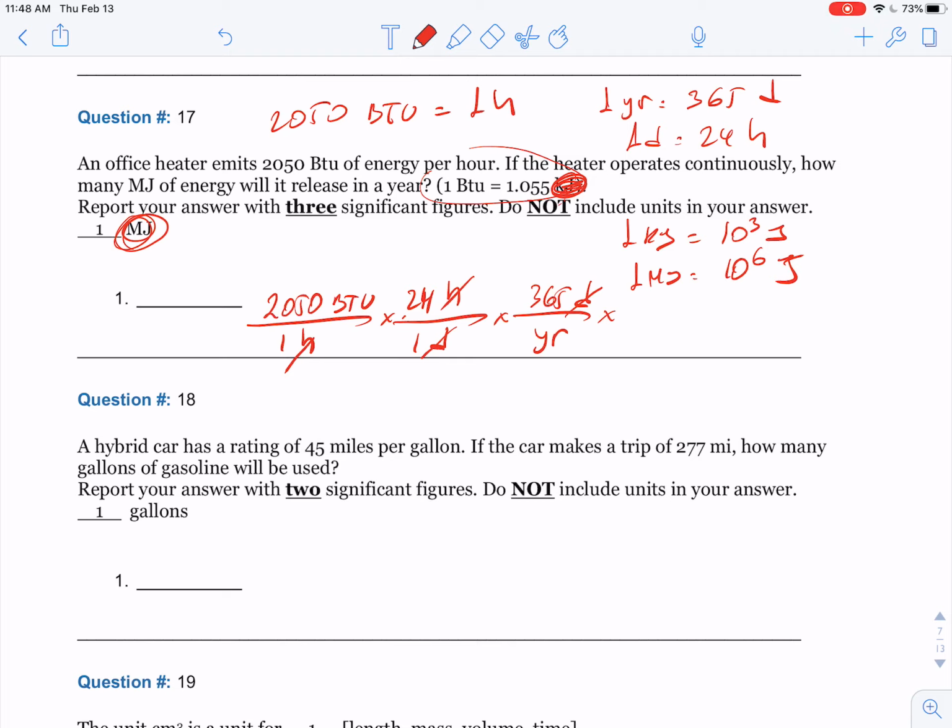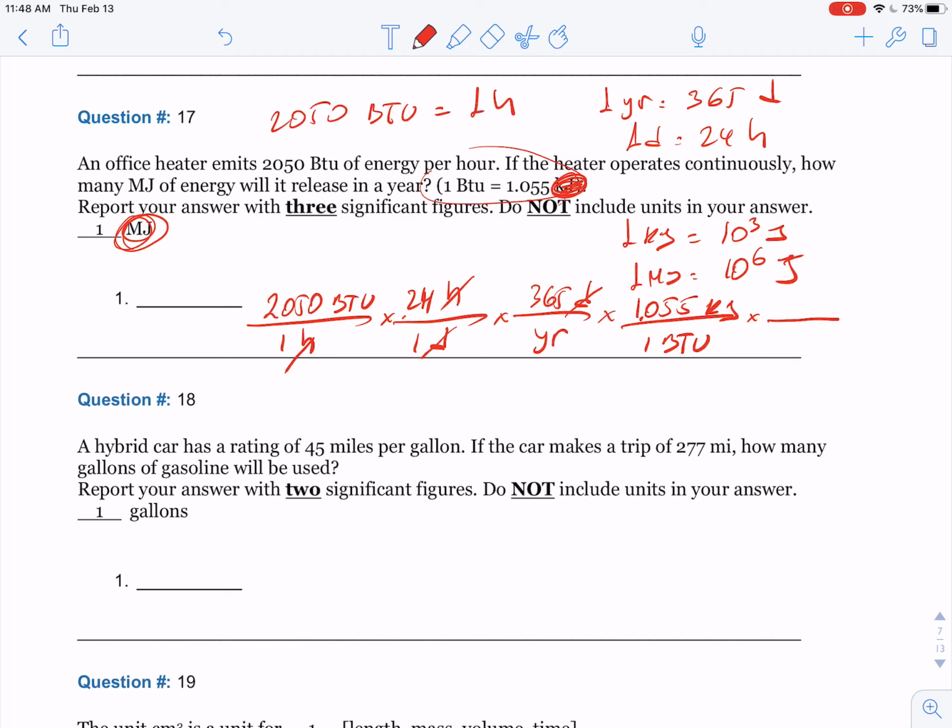here we are converting BTUs to kilojoules, 1.055 kilojoules per BTU, times, and I'm going to do it this way.